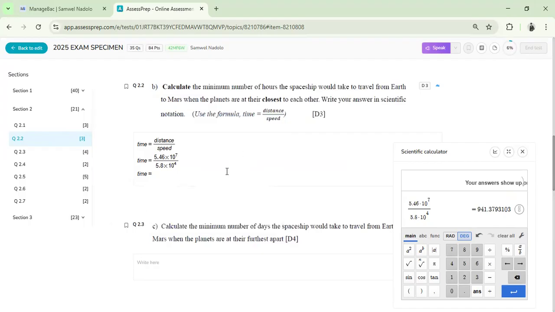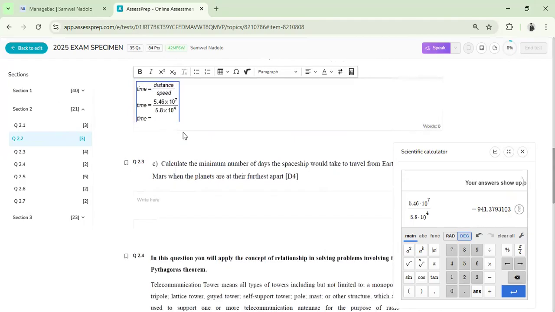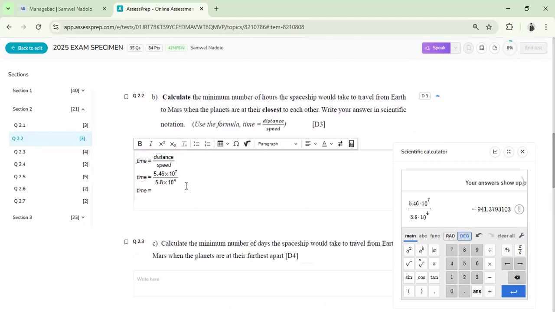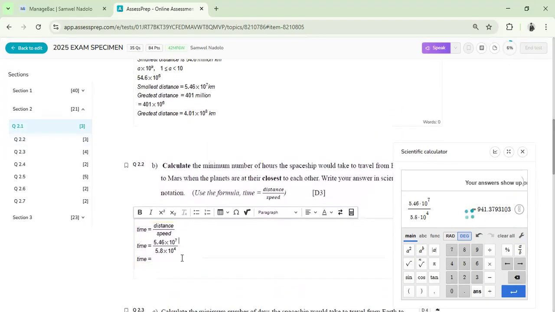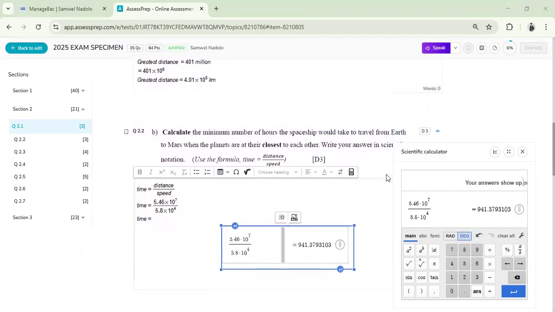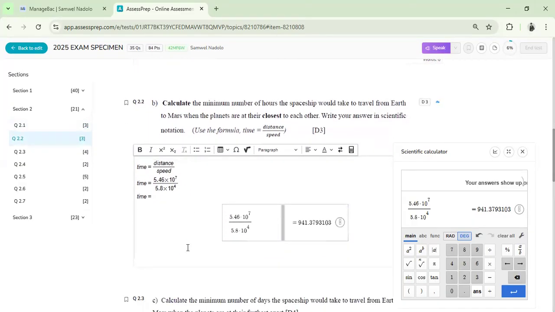Remember, we already wrote it, and then I'm going to click here, and then you can click here, copy from calculator. If it doesn't copy, you'll wait for it. It's still loading. So it gives you what you have done, and gives you the answer.